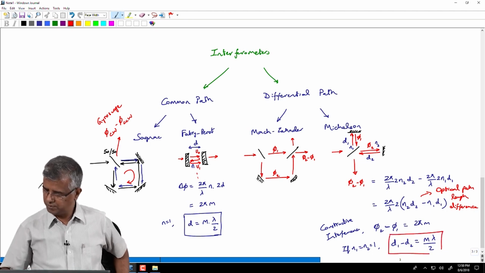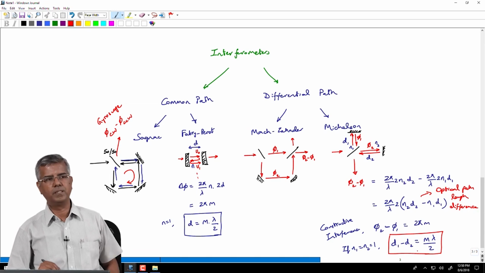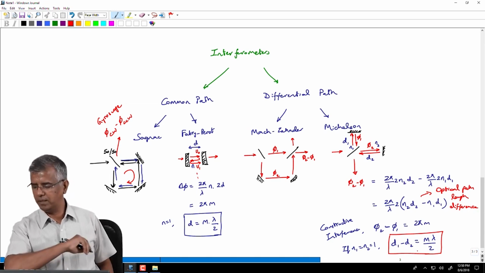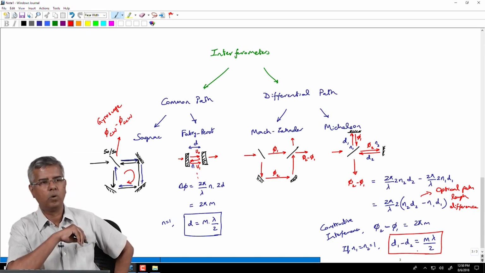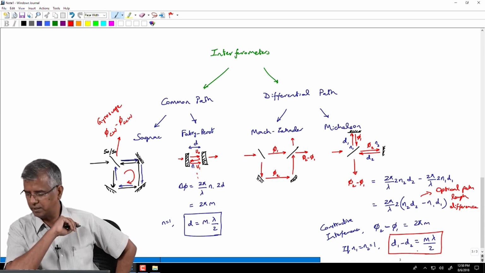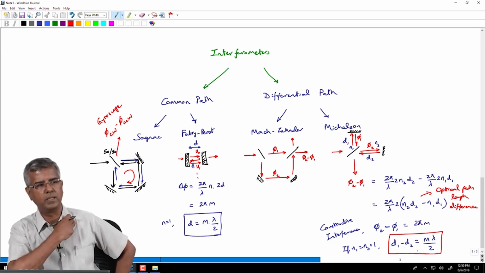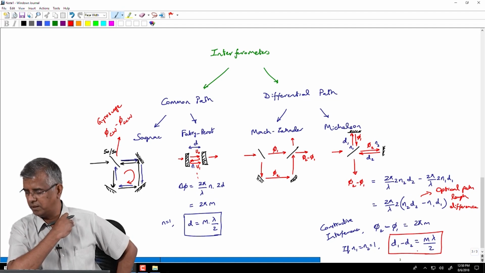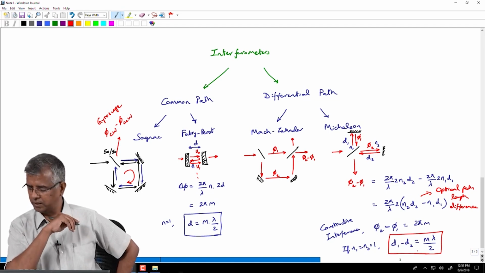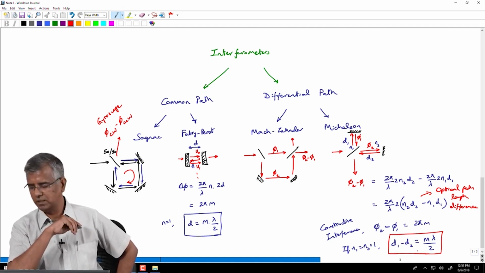So, the physical path length difference has to be m lambda over 2 for constructive interference, and of course, you can also work out the corresponding expression for destructive interference. Okay.